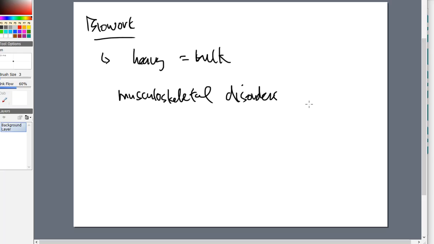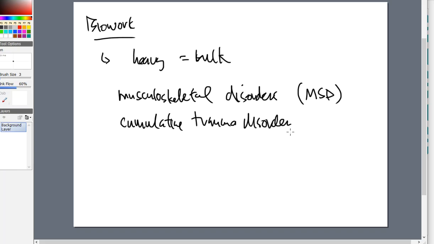These are abbreviated with an acronym: MSDs, musculoskeletal disorders. And there's actually something else called a cumulative trauma disorder. And those, of course, are going to be CTDs.